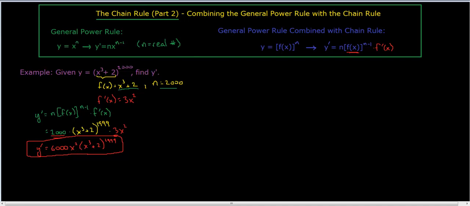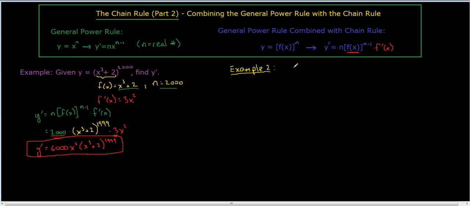So let's take a look at another example that helps verify this, if we consider a smaller value of n. Example 2. And this will help us feel a little bit better about this new combined approach.